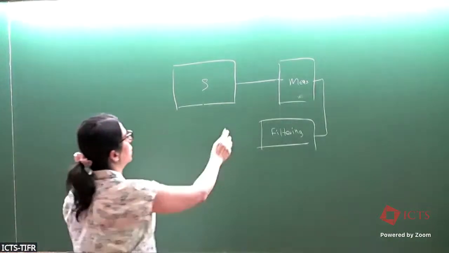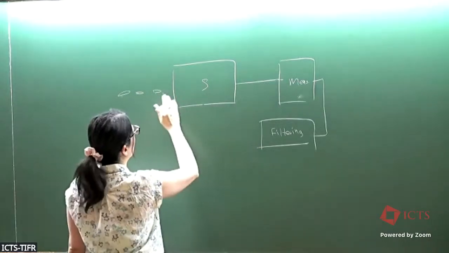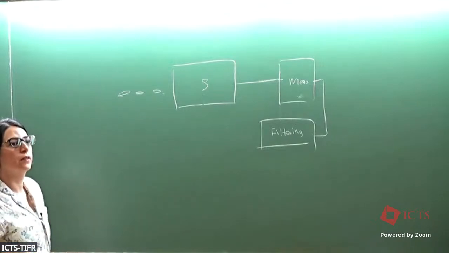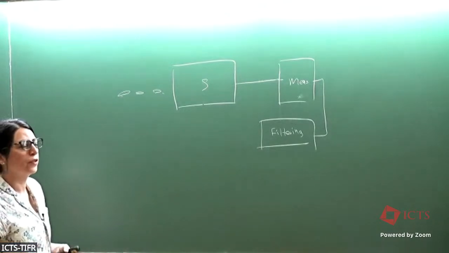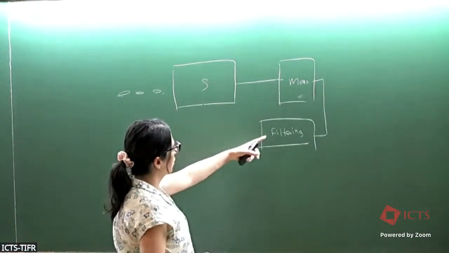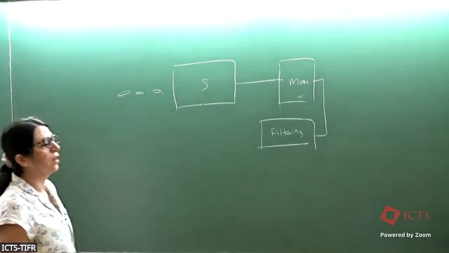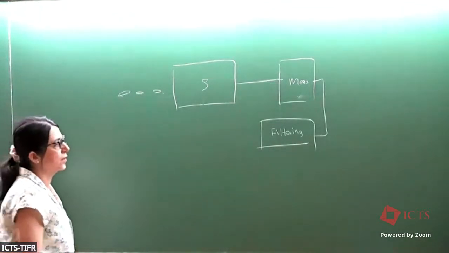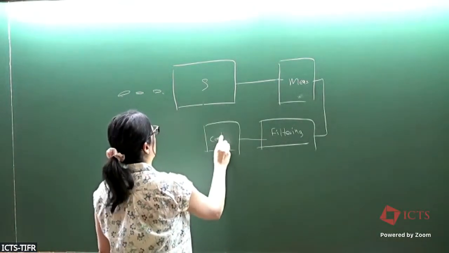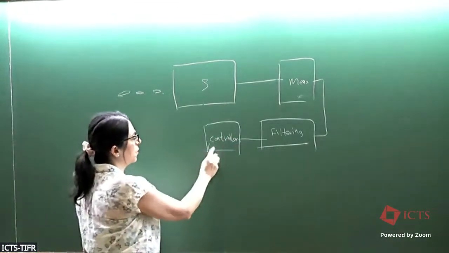You have the probe inside your system, and then they become entangled with the state of the system, and you measure one of these probes, and you obtain the information about your system state, okay? So here you obtain the dynamics of your system state, and then you have a controller here, which uses this information.